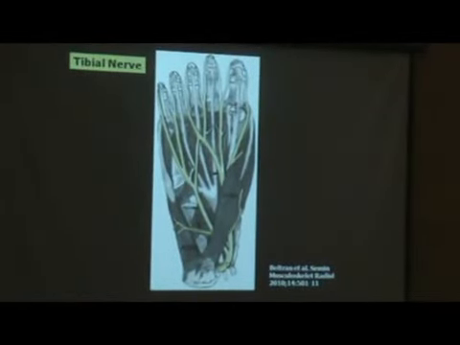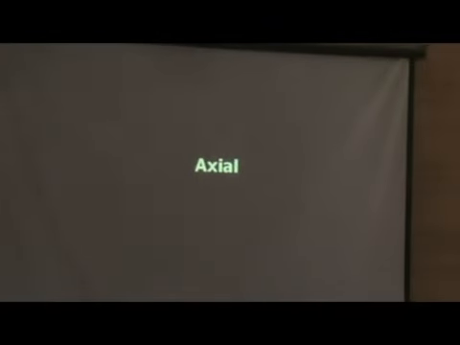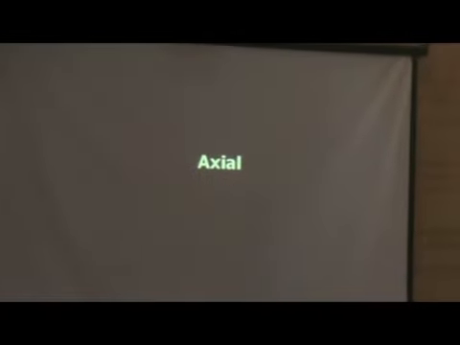Okay, I'm glad the yellow is working. So these are the branches of the tibial nerve, or posterior tibial nerve, and how we see them about the foot. So let's go through axial MRI slices to see the anatomy, and we're going to do that together.